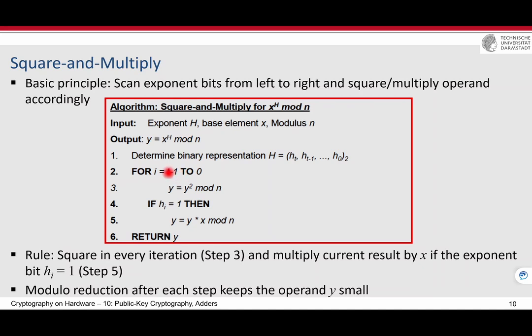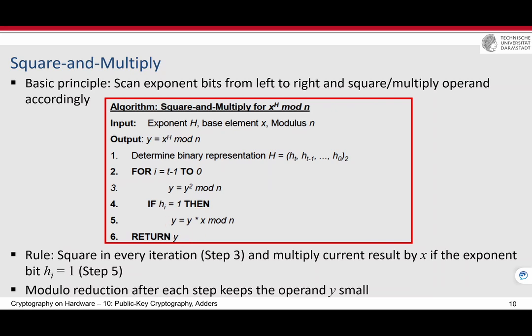Then you go through all bits of h, from ht down to h0. In every loop you do the square, and then based on this bit you perform the multiplication or not. Everything is again modulo n, which means that y does not grow; at every step you just keep it modulo n.